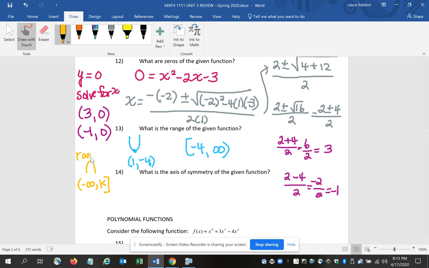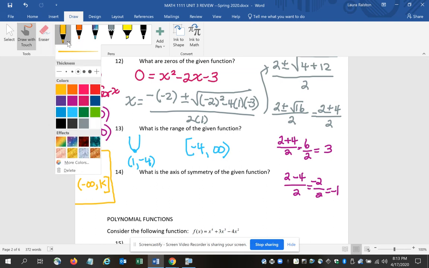The formula would be you go from negative infinity to the k value of the vertex. Okay, so that's a little side note, so you'll have it when you go to take the test.